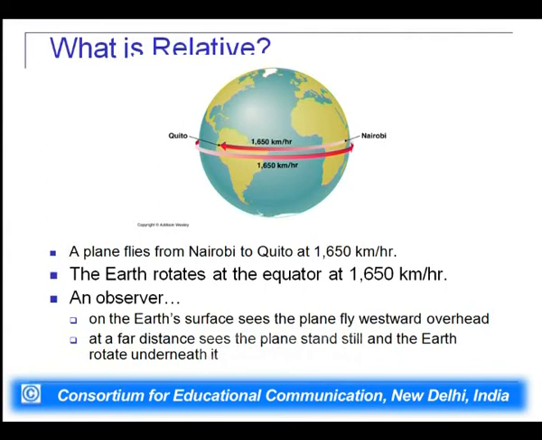At a far distance, another observer sees the plane stand still and the earth rotate underneath it. So one observer sees the earth moving, the other sees the plane moving. Both depend upon the observer.